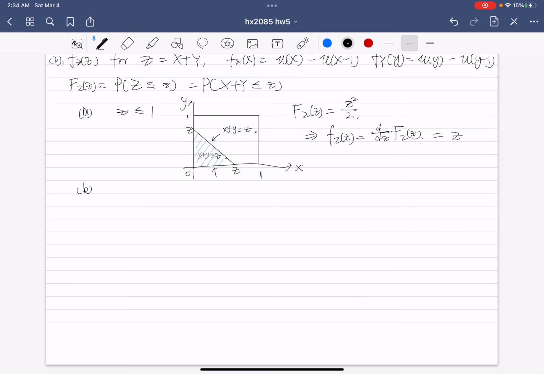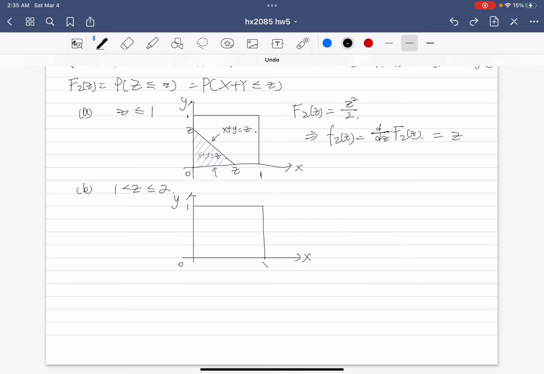The second condition is when z is larger than 1 but less than or equal to 2. And same, we need to draw the picture again. X, Y, Z, and here is 1, Y equals 1, X equals 1.